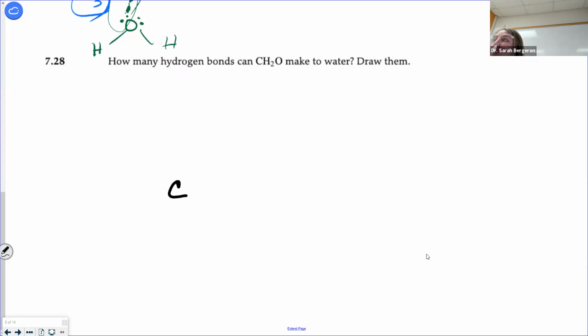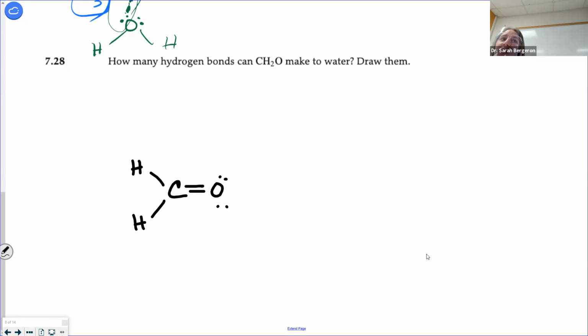You should be drawing a Lewis structure right now. So you should have ended up with something that sort of looks like this. Did I get that close? Maybe in different three dimensions, but basically the same thing.